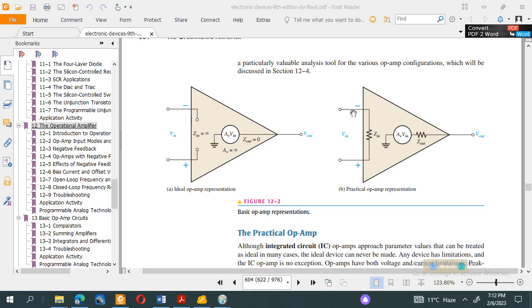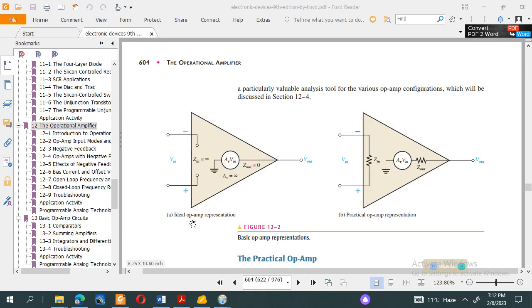If you look at the diagram, this is the symbol of the practical operational amplifier. In the ideal operational amplifier, the resistance between the inverting and non-inverting input terminals is infinity, meaning there will be no leakage of current from negative to positive.